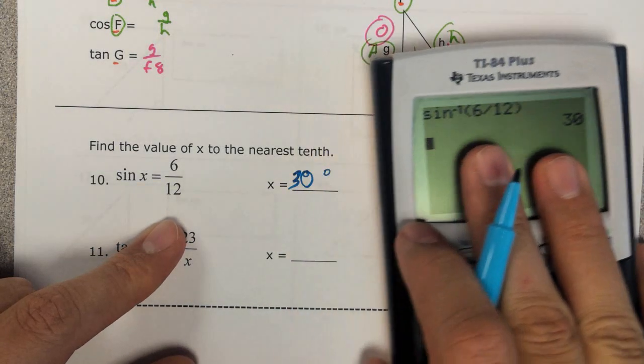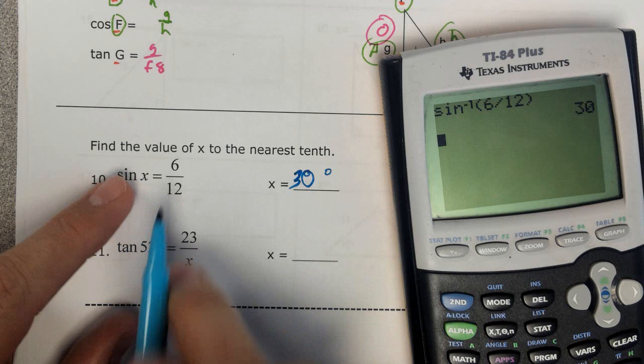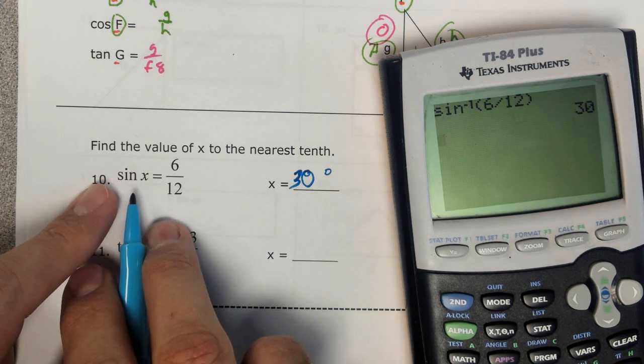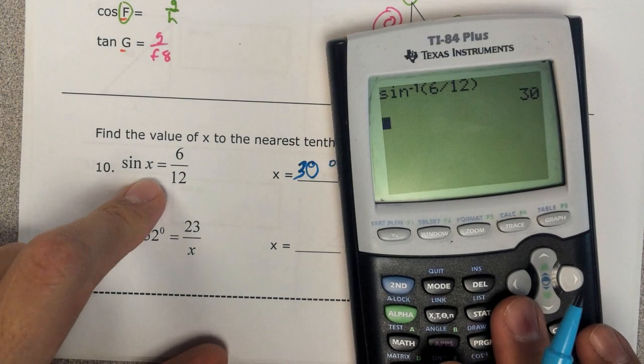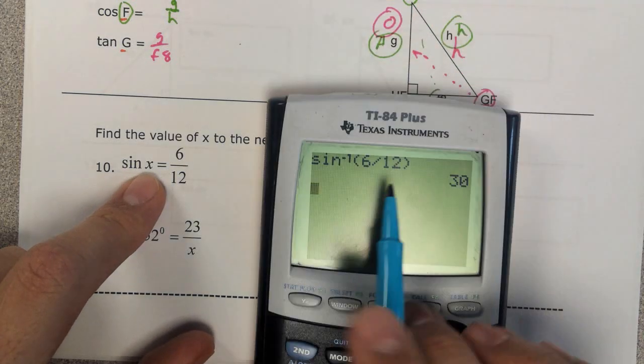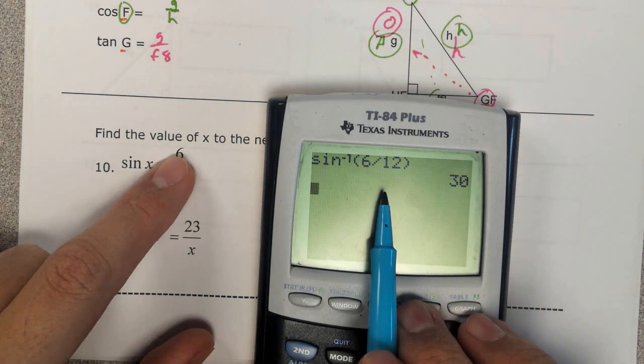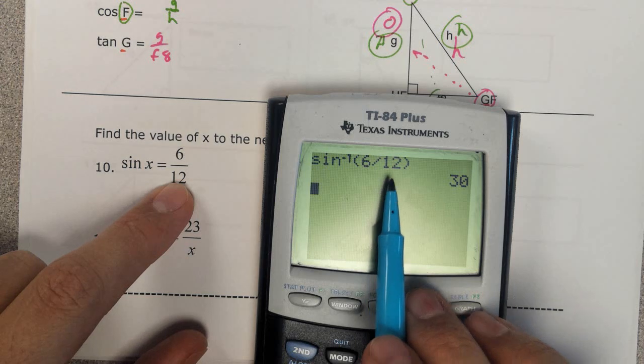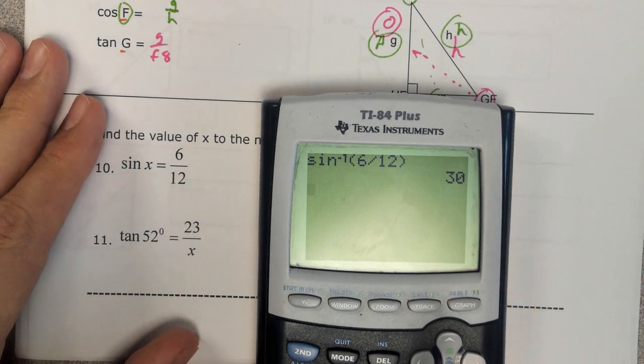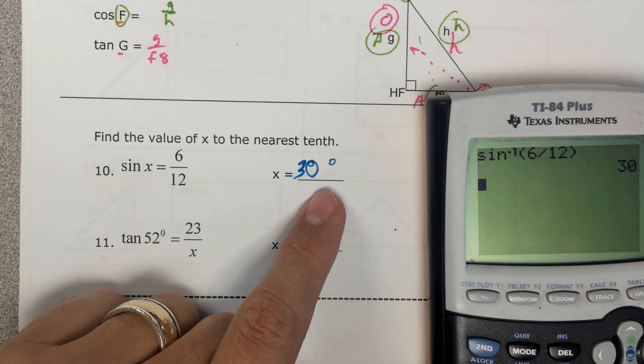This is the simple way to do it. What we did is we actually took the arcsine, or the inverse sine of both sides to get rid of the sine. We're just going to say, to find the degrees, you're going to put whatever this is equal to inside the inverse sine. And that gets us 30 degrees.